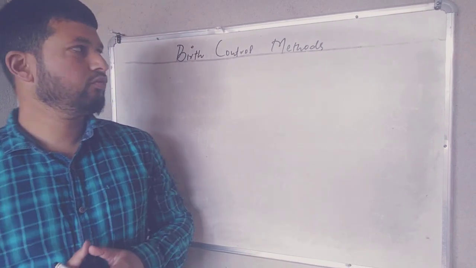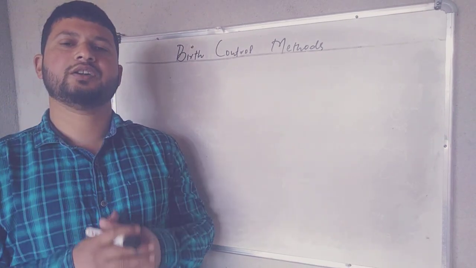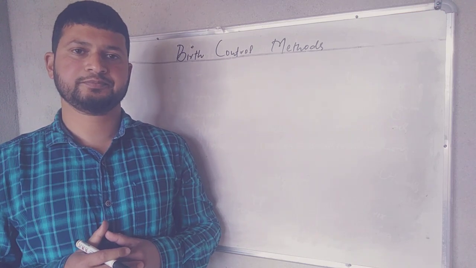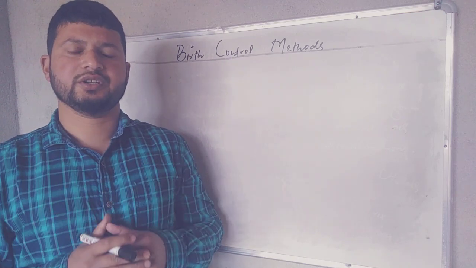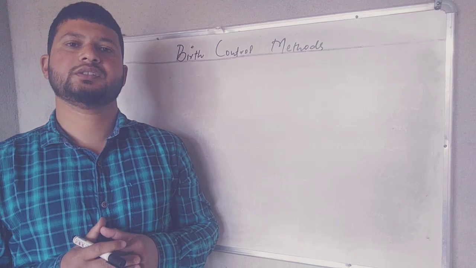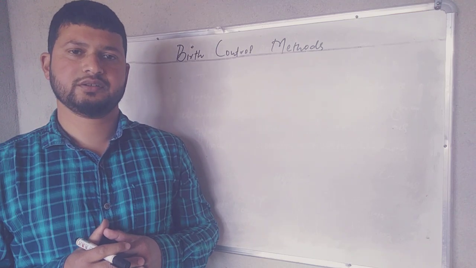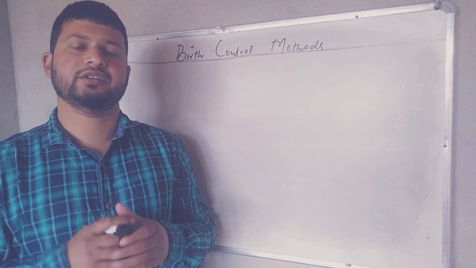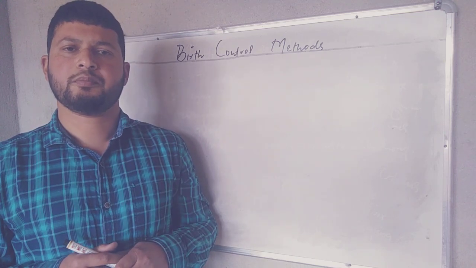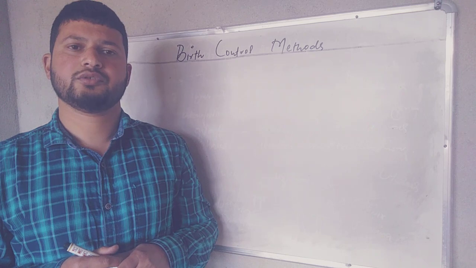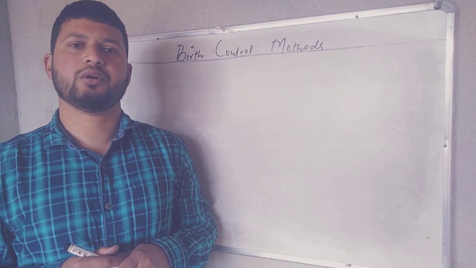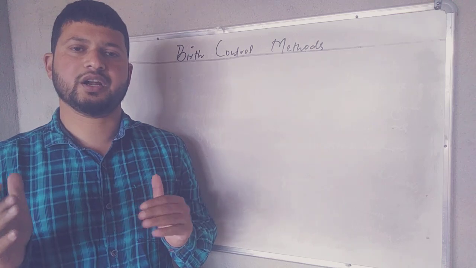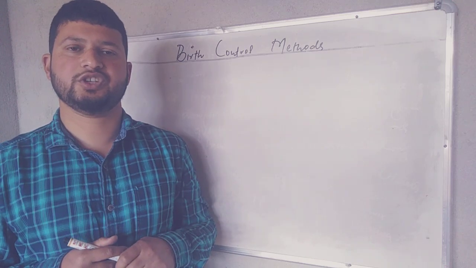In this video, we will discuss birth control methods, or you may say the methods of contraception. The population of our country is tremendously increasing. Although India has sufficient food resources, it's still quite difficult for a number of families to provide proper food, shelter, and education to their children.